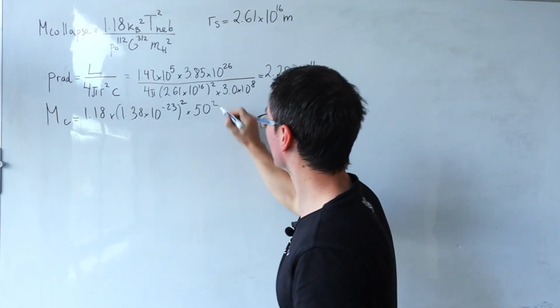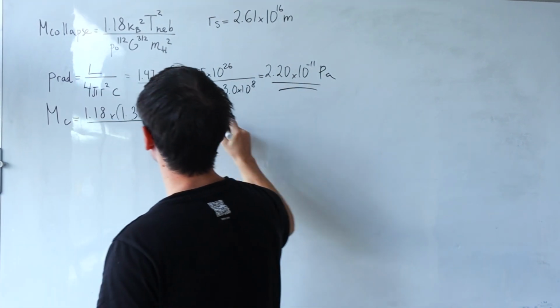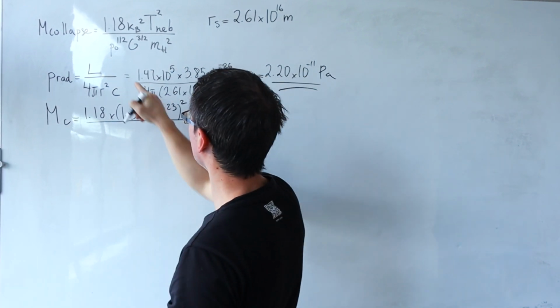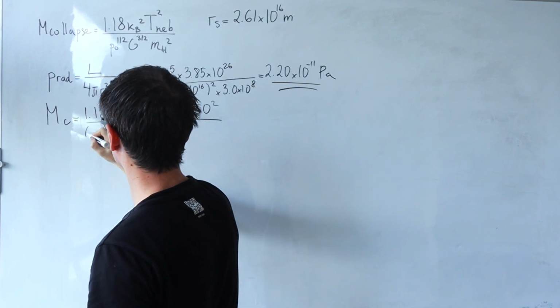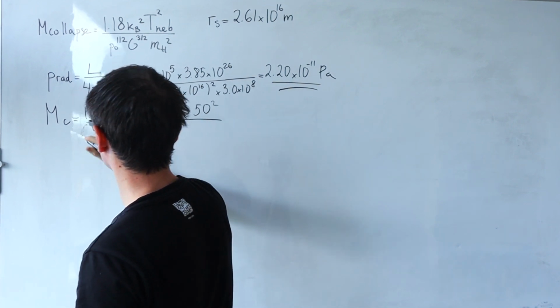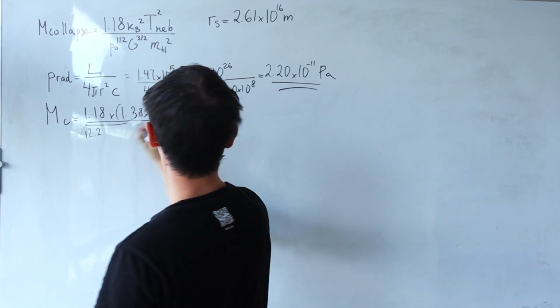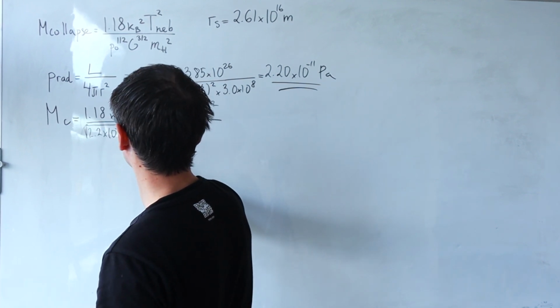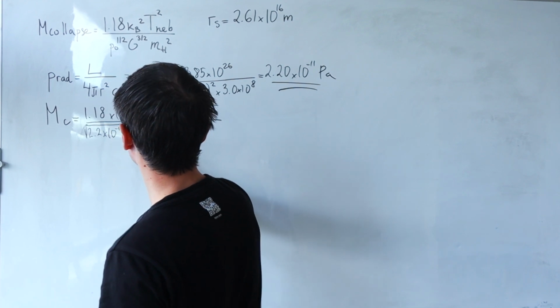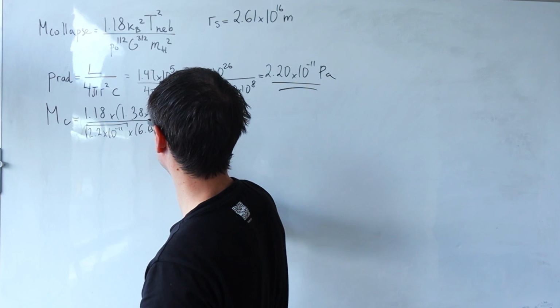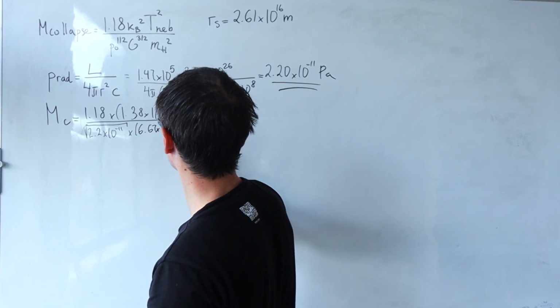The temperature is squared, and then we're going to be dividing by the pressure, which is just this number here, raised to the power of half. This is essentially just square rooted. Let's just write it as a square root. So this here will be 2.2 times 10^-11 multiplied by G raised to the 3 halves, which was 6.67 times 10^-11.